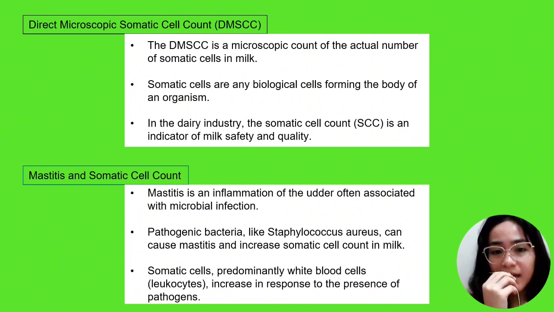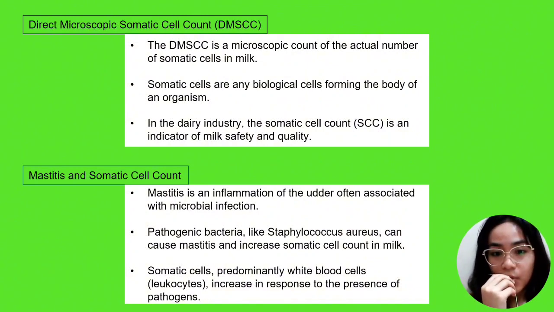An elevated somatic cell count can indicate the presence of infections such as mastitis, which is an inflammation of the mammary gland in the breast or udder, typically due to bacterial infection via a damaged nipple or teat.